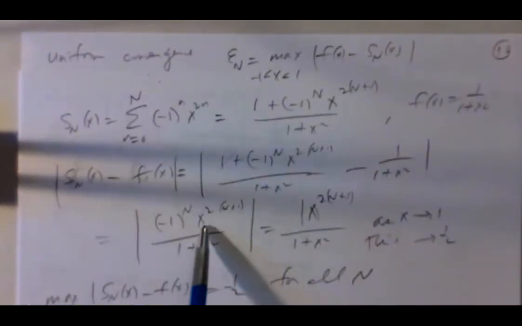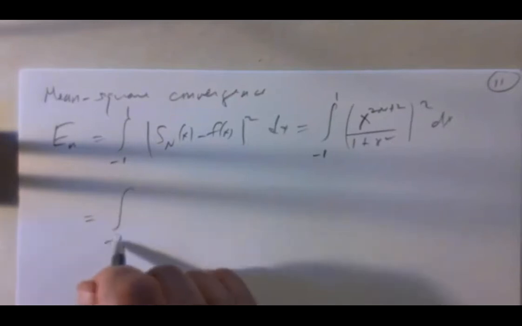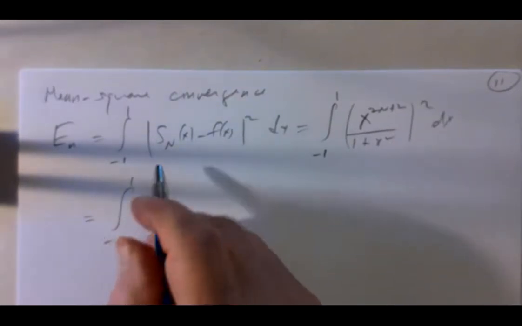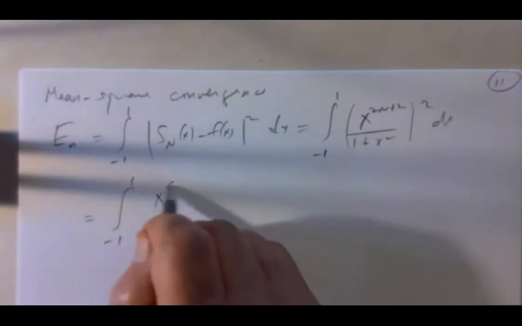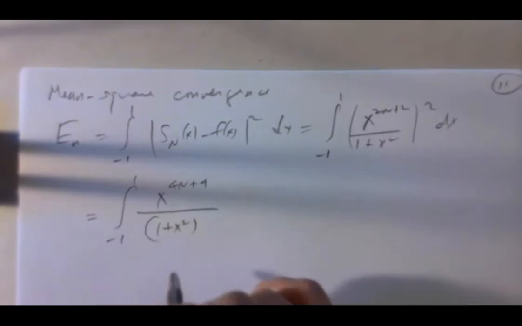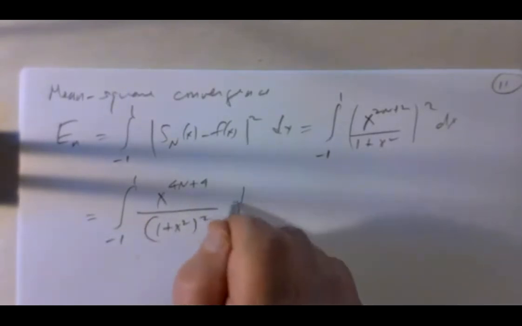Here's where I calculated it. It's x to the 2 times n plus 1 over 1 plus x squared. This is x to the 2n plus 2 over 1 plus x squared dx. So this is the integral from -1 to 1. I square this, I get x to the 4n plus 4 over 1 plus x squared dx.